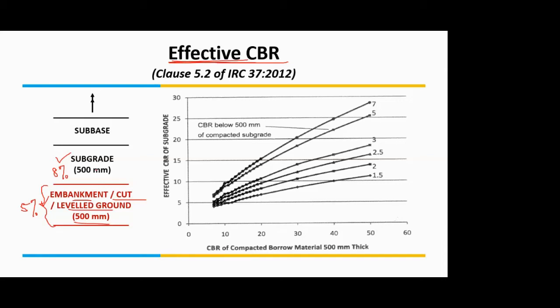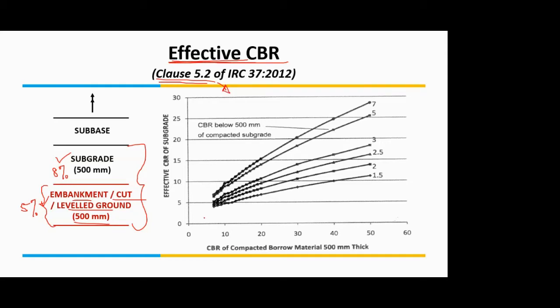It doesn't work like that. In pavement, you have to consider the combined effect of both the layers, subgrade as well as the material 500 mm below it. So for that, in this clause 5.2, you have all the description. You can read it, and what it suggests is this graph.